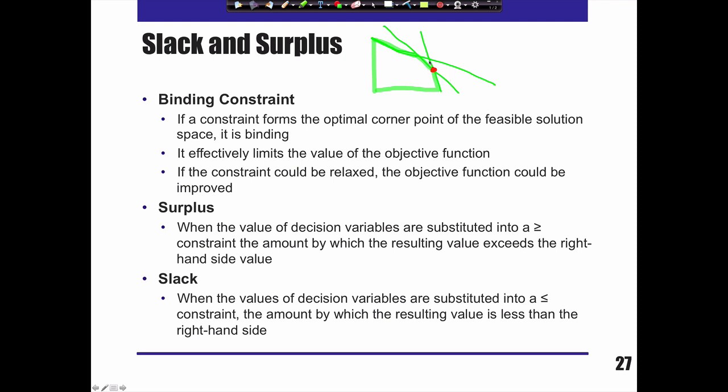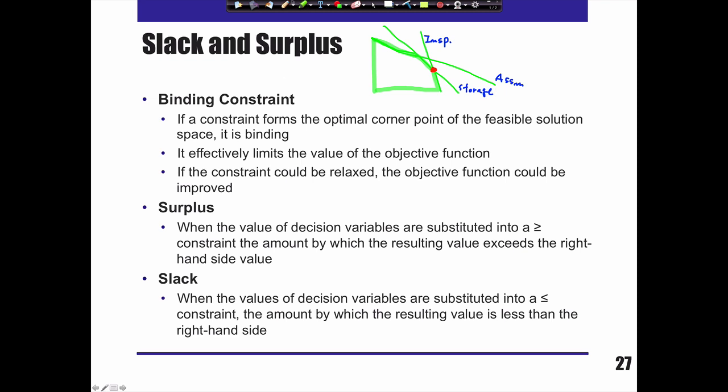So I think, as I remember, this was the assembly hour, this was the storage constraint, and this is the inspection. So this solution will use all the inspection hours and all the storage, but is not using all the assembly.